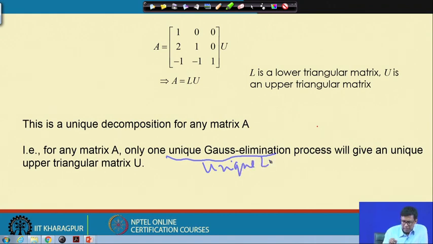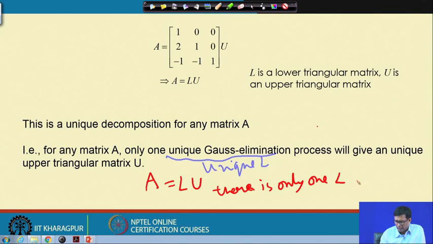So, when we can do the decomposition A is equal to LU, there is only one L and U for a particular full rank matrix.